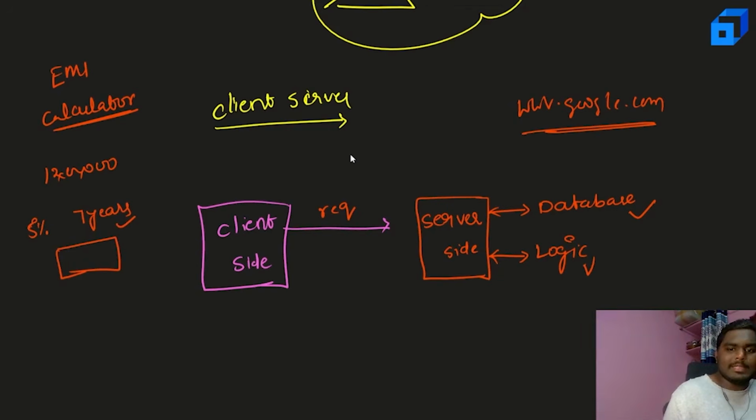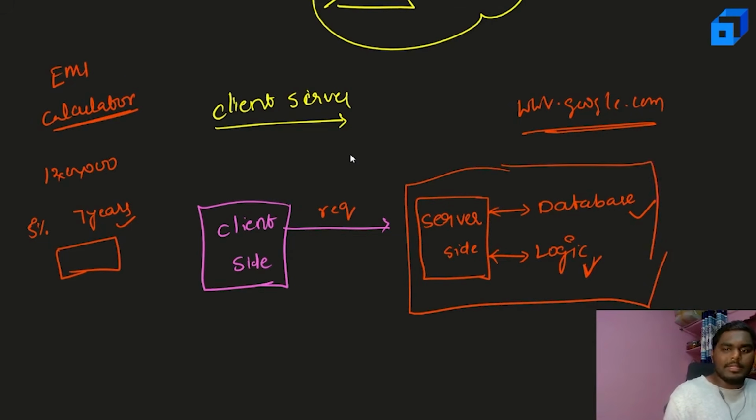So I can say that there is logic as well. On the server side, both a DB and logic reside in a particular machine. If you searched with a username, it will go to the database and has to return the details of that particular user to the client, right?